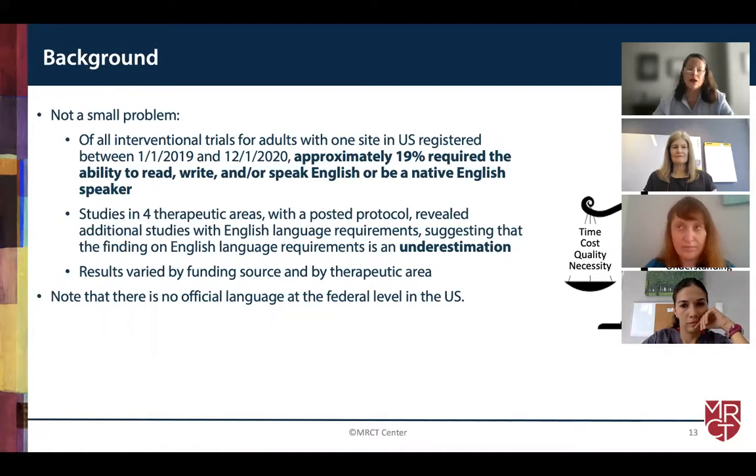And what we really need to think about is, how do we balance the time, the cost, the quality of translation or interpreter services, and the necessity for that, versus these fundamental ethical principles. Obviously, we cannot translate into 350 languages, and we don't even know what languages will be relevant and important.